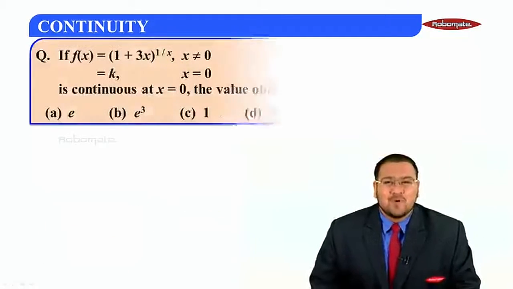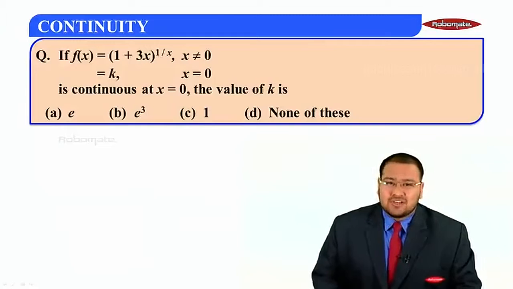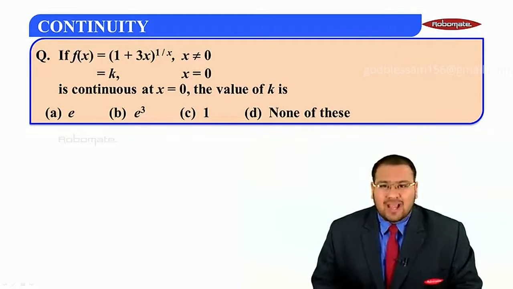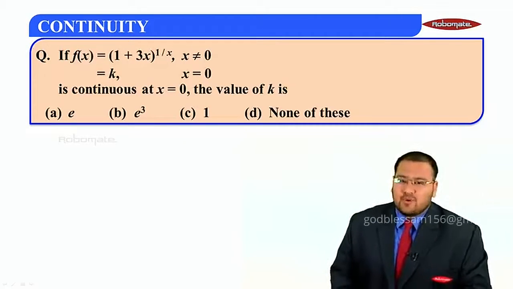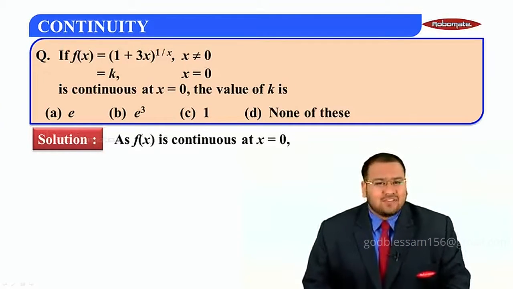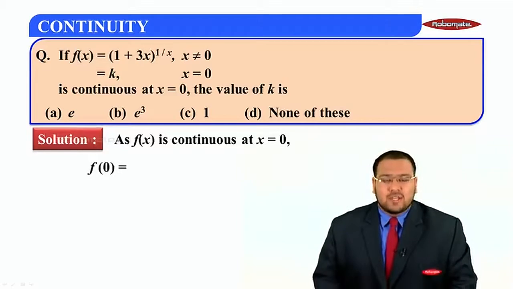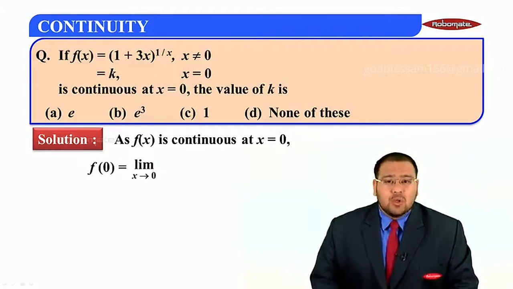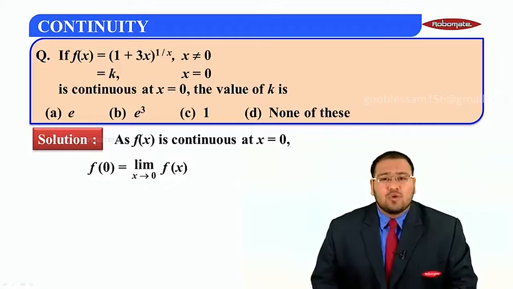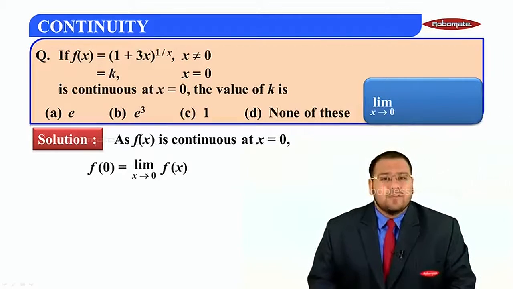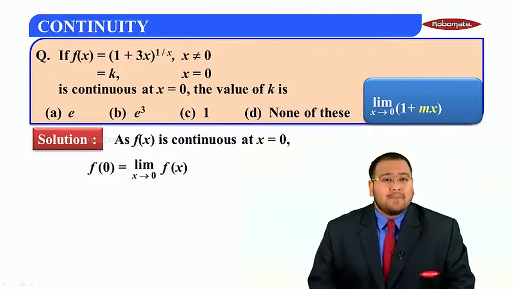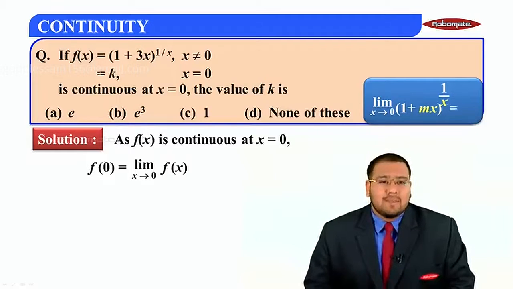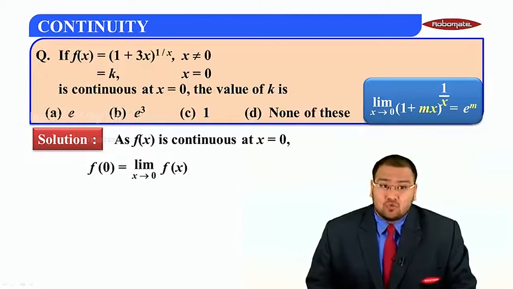Moving ahead, you have a function, when x is not equal to 0, as (1 + 3x)^(1/x). You need to find the value of k. As the function is continuous at x equal to 0, f(0) would be equal to the limit x tending towards 0 of f(x). We know a standard formula first of all, that is the limit x tending towards 0 of (1 + mx)^(1/x) is nothing but e^m.